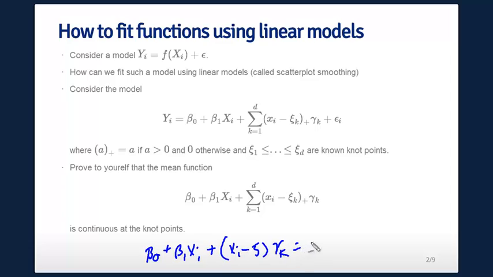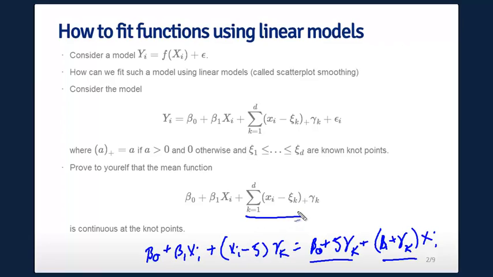This is going to be equal to beta naught plus 5 gamma k plus beta 1 plus gamma k times x_i. So it's just another line, but with a new intercept and a new slope. And then if you have a sum of these things, it's just a new intercept and a new slope every time it approaches a new knot point.